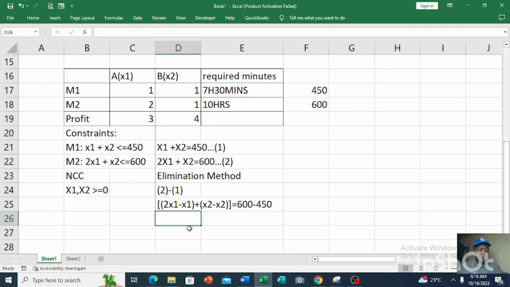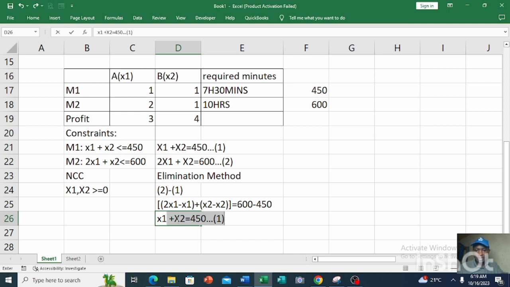Right, so the coefficient of x1 here is 2 and the coefficient of x1 here is 1. So we always work with the coefficients, please, if you are confused. So what will be 2 take away 1 will be 1, right? So we are going to come up with x1 alone.